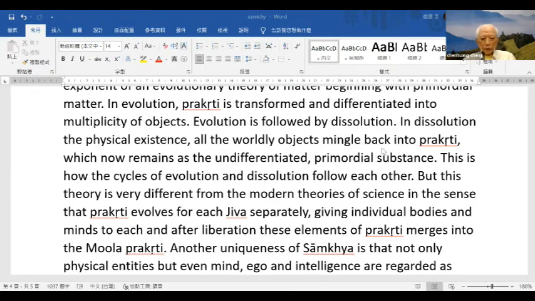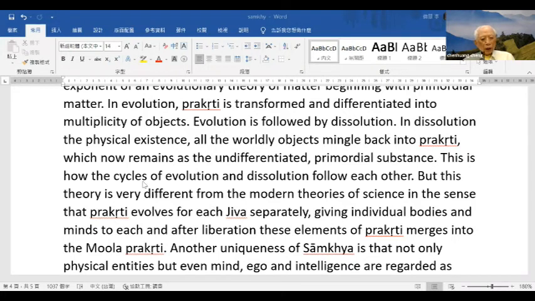All the worldly objects means the 23 tattvas. Mingle means integrate together and return back into Prakriti, which now remains as the undifferentiated. Undifferentiated means united, union, one. There's only one primordial substance.